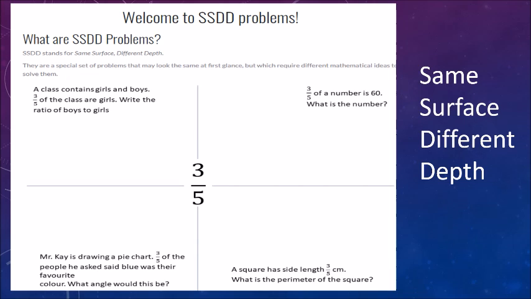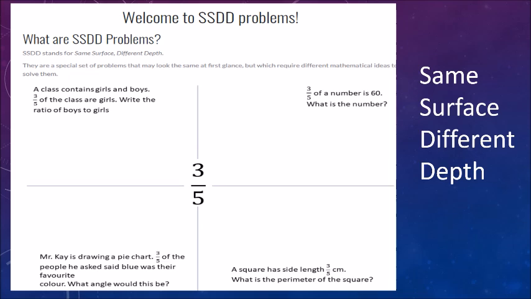The first thing I'd like to share with you is something related mainly to mathematics, called same surface, different depth. On the board there, you can't really see the questions in detail, but there's the fraction 3/5, and the skill is being able to find 3/5 of a number. But there are four different ways you can ask that question through application or different levels of difficulty.